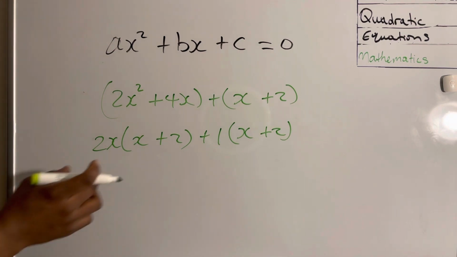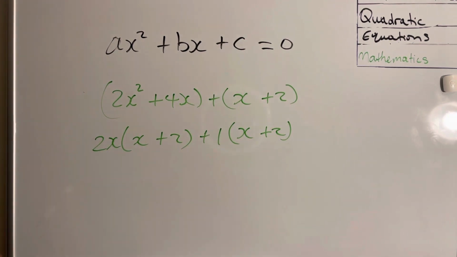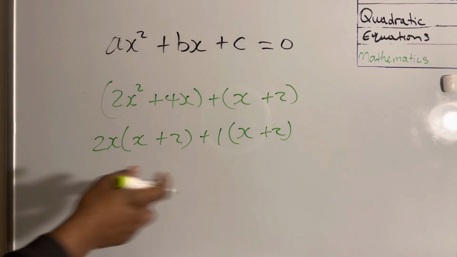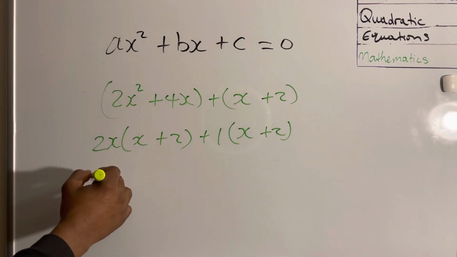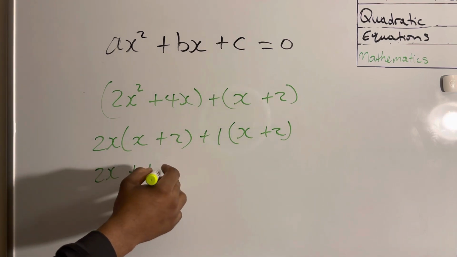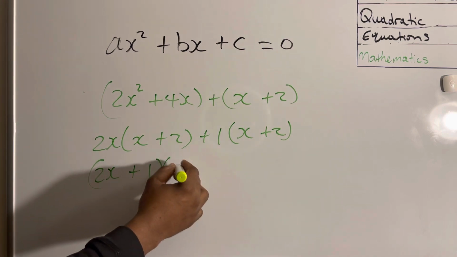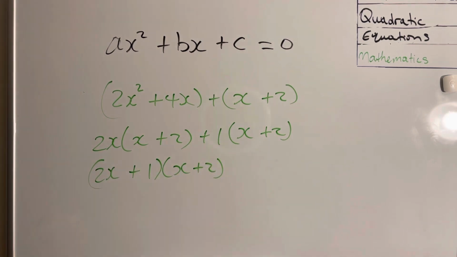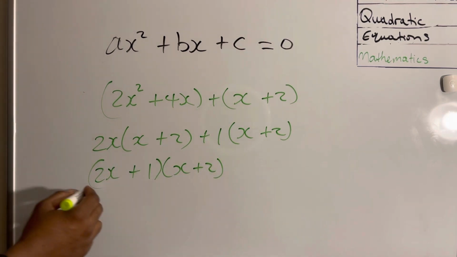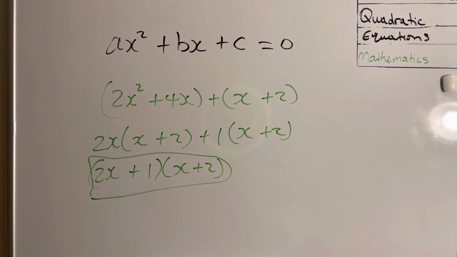As we can see, we have x plus 2 and x plus 2 common to both. So what we're going to do is write 2x plus 1, and then we only write back one of this bracket. And this will be the factorization for that.